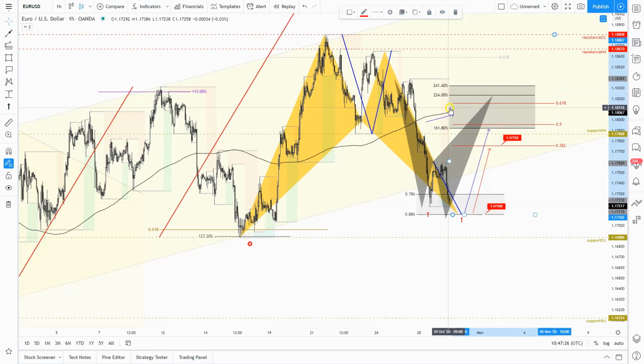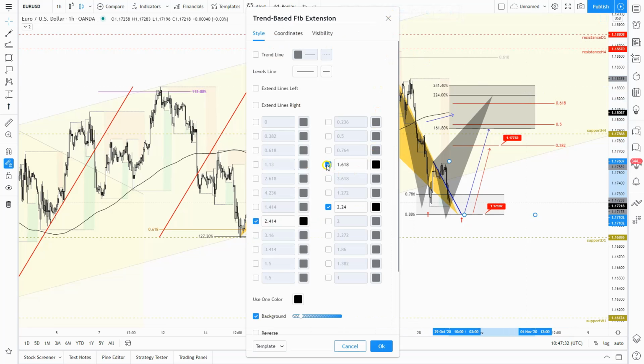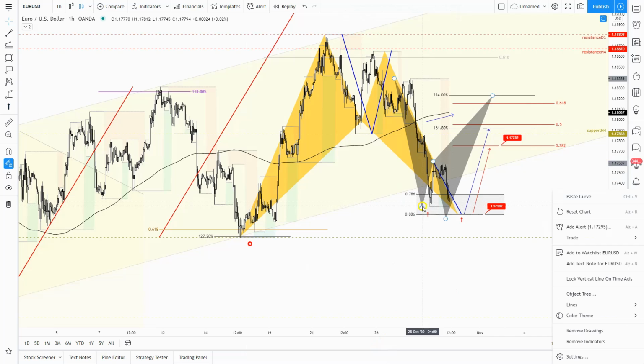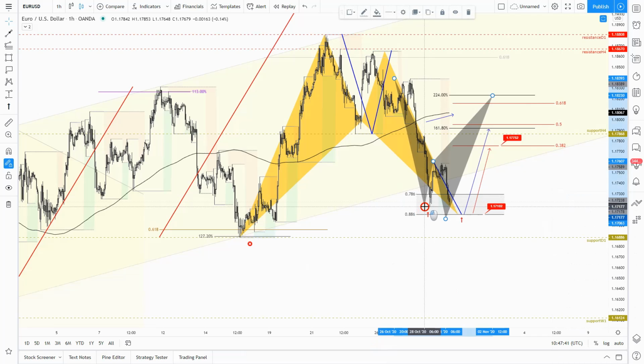Second target for the bat pattern, golden Fibonacci retracement level, and the 224% Fibonacci extension. So basically we have again the same golden Fib and 224% Fibonacci extension levels as bearish shark pattern completion points.